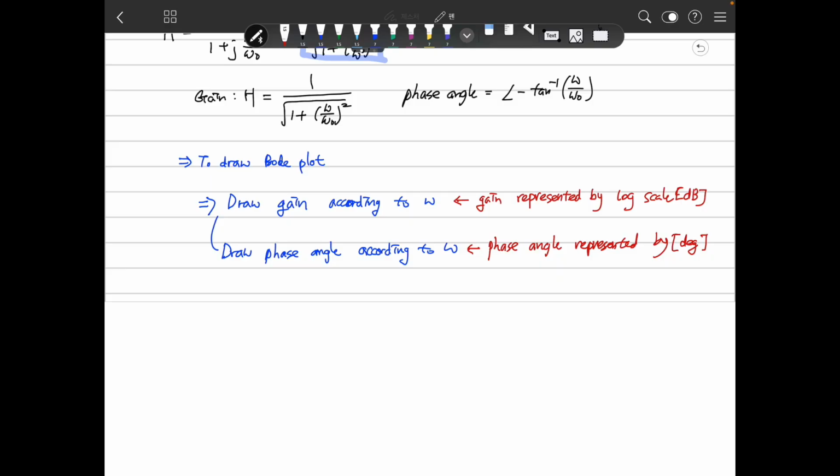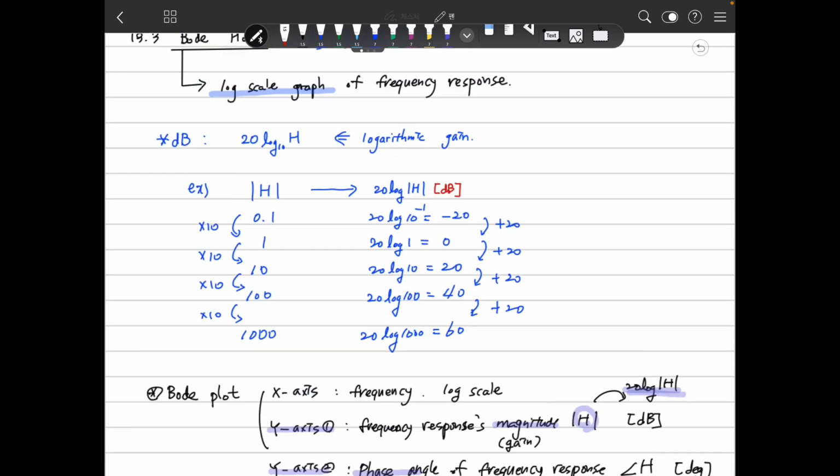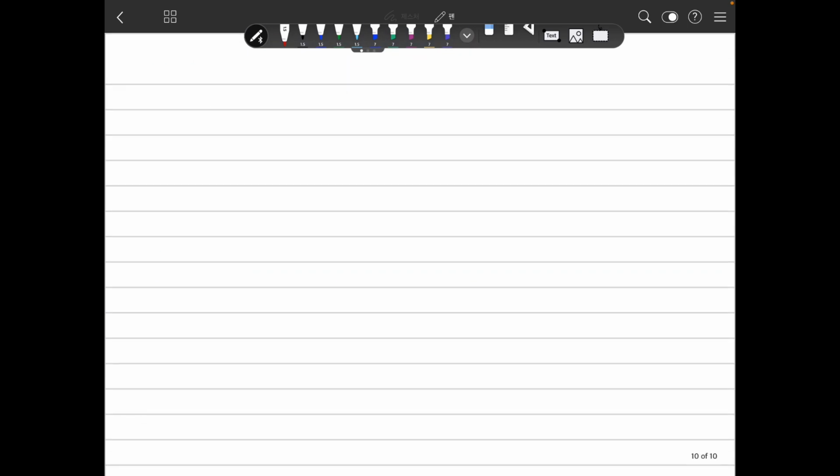But when you draw the gain, you need to use the log scale. When you draw the phase angle, you need to use degrees. So this is quite important.